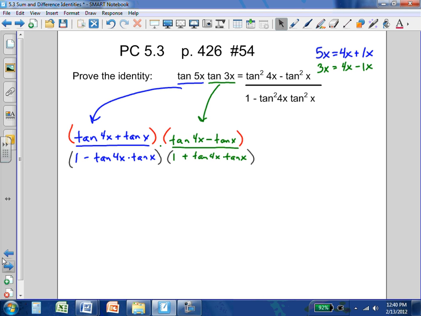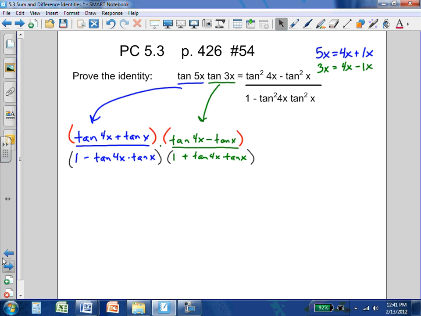If you notice that the numerators are exactly the same, except one has a plus, one has a minus, and we call those conjugates. Now when you multiply conjugates together, your middle terms drop out. They will be exact opposites. So in this case, your tangent x, tangent 4x would multiply together, and then you'd have a negative tan x, tan 4x. So they will cancel.